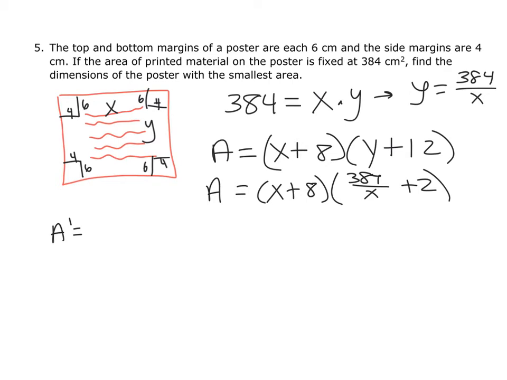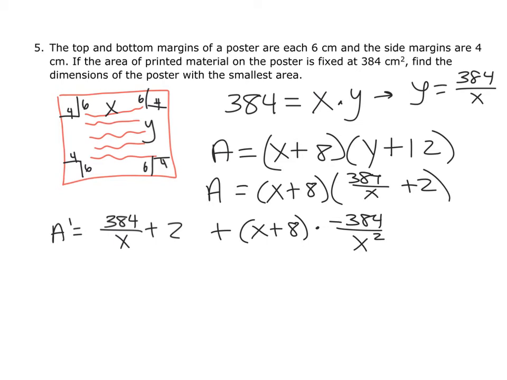Derivative of the first is 1. So 384 over X plus 12. And then plus the first times the derivative of the second. So that is negative 384 over X squared. Set that equal to 0. Let's see. Ooh, I'm going to move that. What's the easiest way to do this?